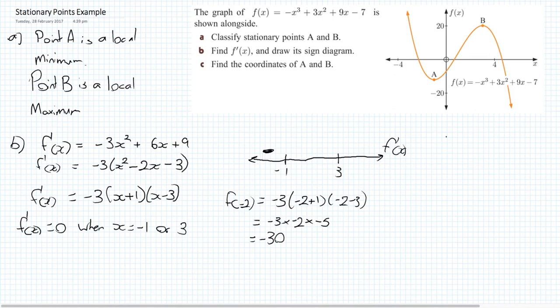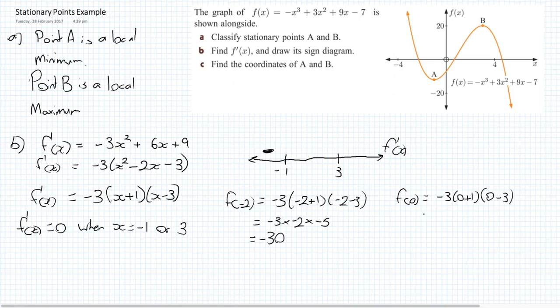Let's pick a point between A and B, say when x is equal to 0. f of 0 is going to be equal to -3 times 0 plus 1 times 0 take 3.